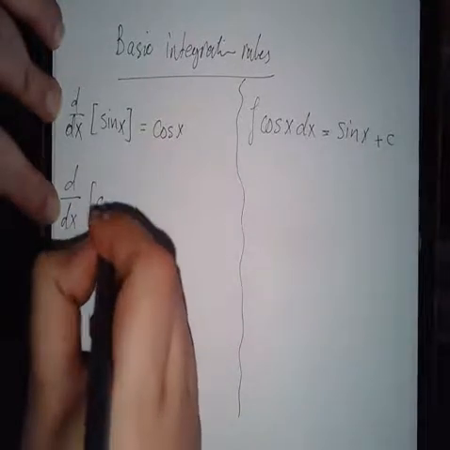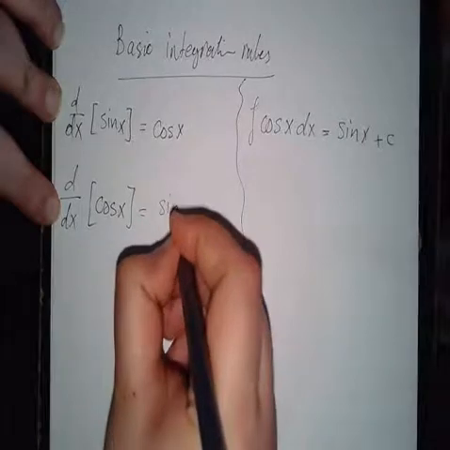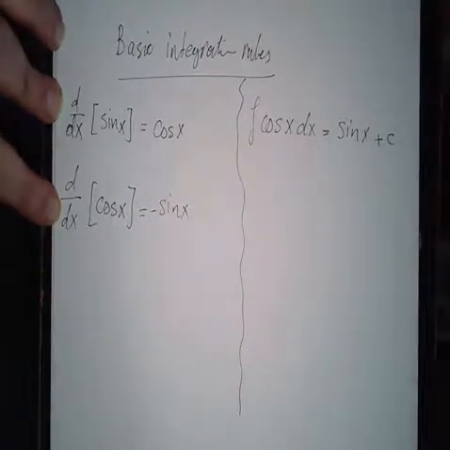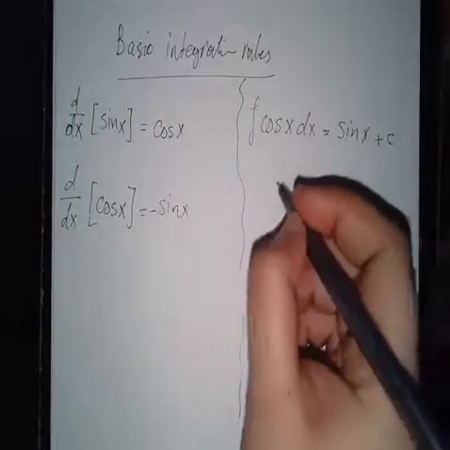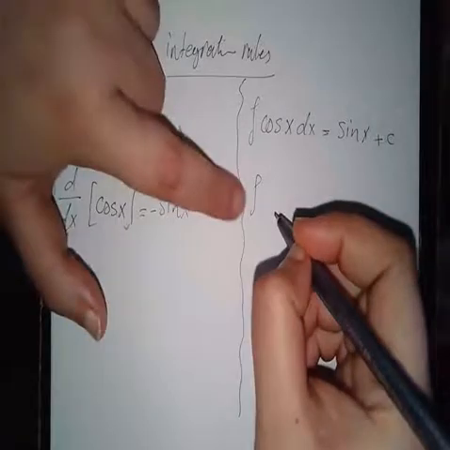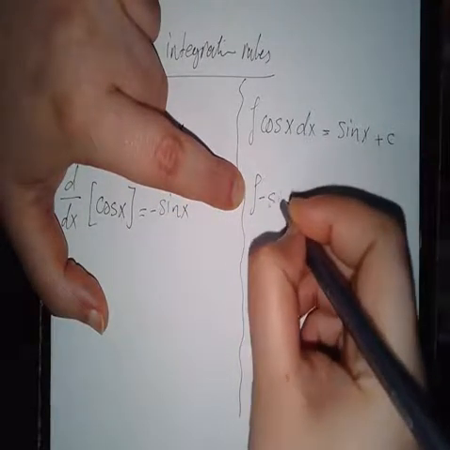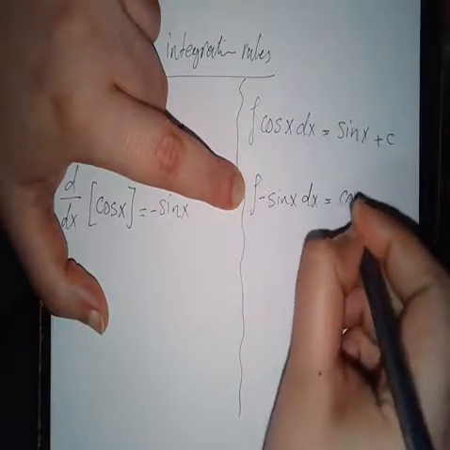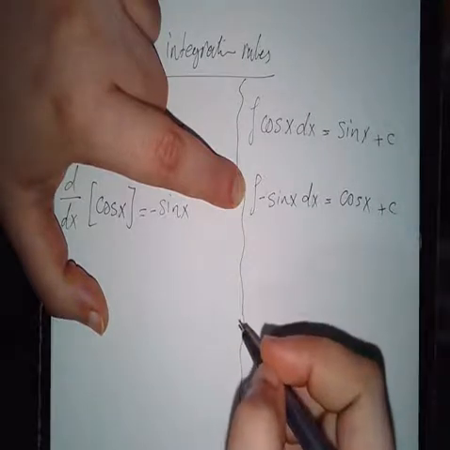So this one is of cosine x. The derivative would be sine x, but remember the sign. So it's negative sine x that is the derivative of cosine x. Now if I want to find the integration of negative sine x dx, it would be cosine x plus c, right?